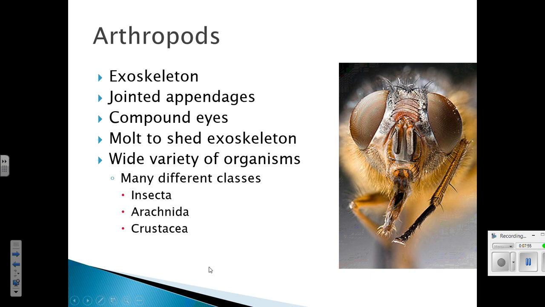They're able to molt and shed the exoskeleton. And there's a lot of different kinds of arthropods. And so there's different classes, the insecta, arachnids, and crustaceans. So the phylum is arthropod, and then class would be one of those three.